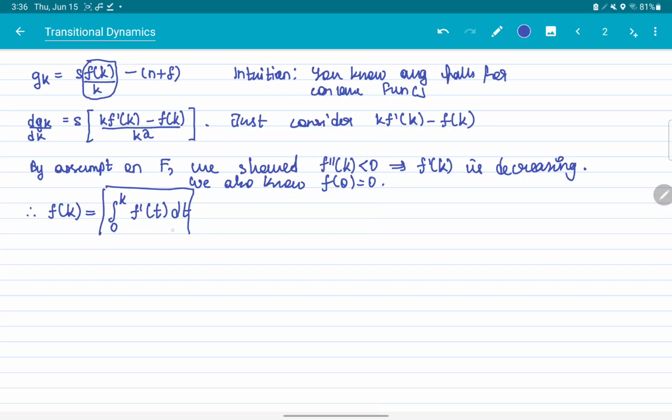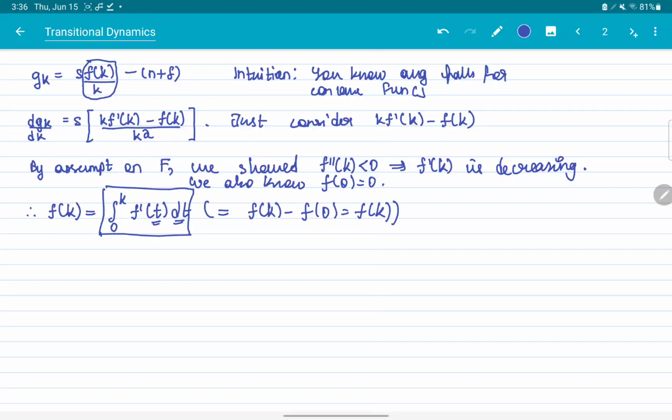Based on how a definite integral is defined, this is equal to f of k minus f of 0, which is equal to f of k. That's the first thing. This is by definition of a definite integral. The second thing you must note here is that k on the right hand side is fixed. The function is defined as a function of t. K is a given value. It's not a variable.